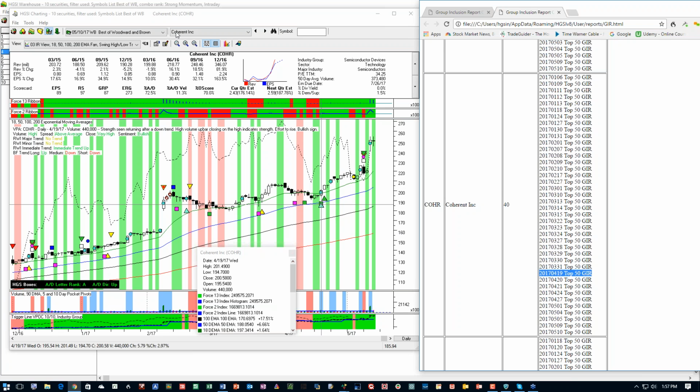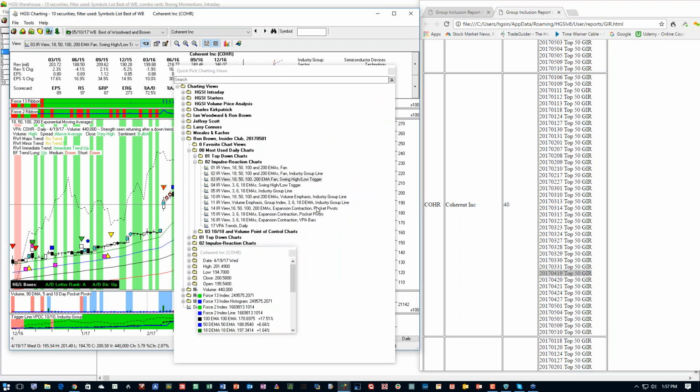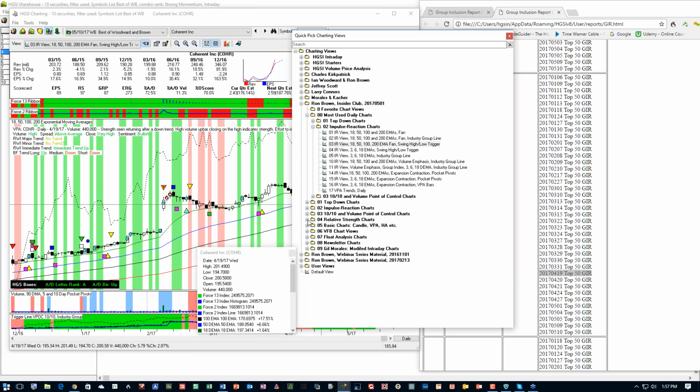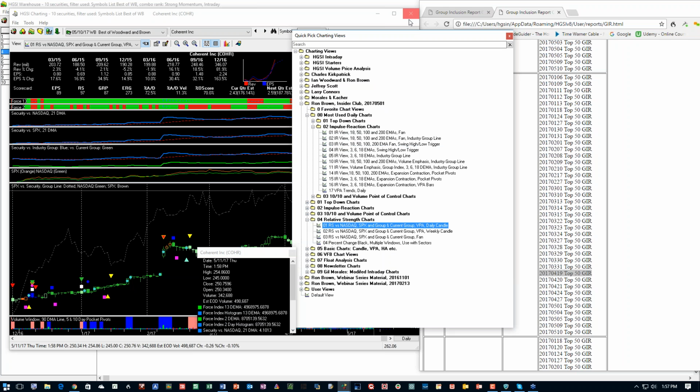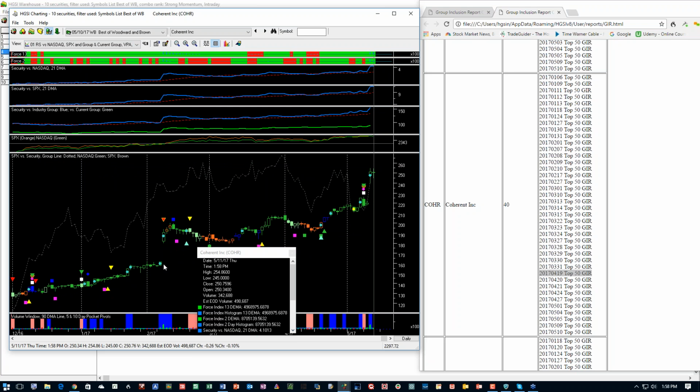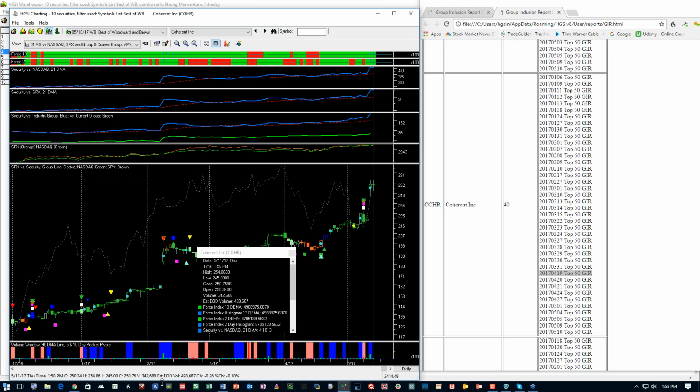Stephen wants me to show that relative strength chart. Let me grab it quickly. Is this the one, Stephen? Yeah, COHR. You can see right here, and this is a good chart because it shows, let me close this window and make this chart a little larger so we can see it better.